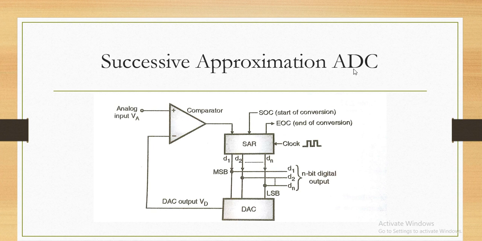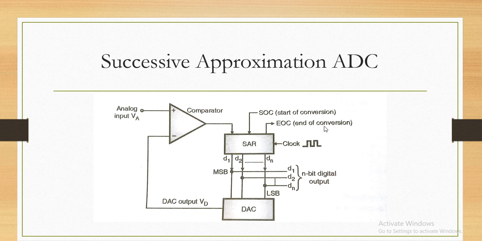What happens here? Your processor or controller will send the startup conversion signal. When this ADC receives the startup conversion, it will start the conversion of an analog voltage into a digital one. For this process it will require a clock signal, and whenever the conversion from analog signal into digital bits is completed, it produces the end of conversion signal.